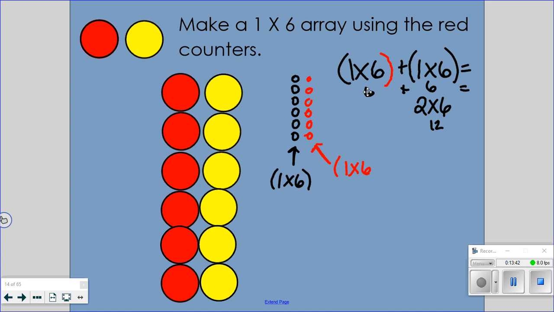Glue that hundreds chart that you just got on the next blank page. Yes, but not right now. Have a little bit of patience, Sam.